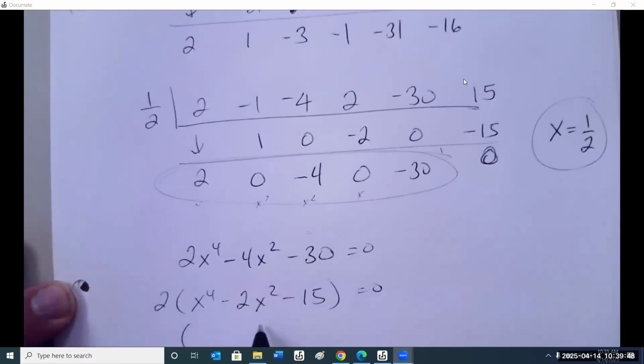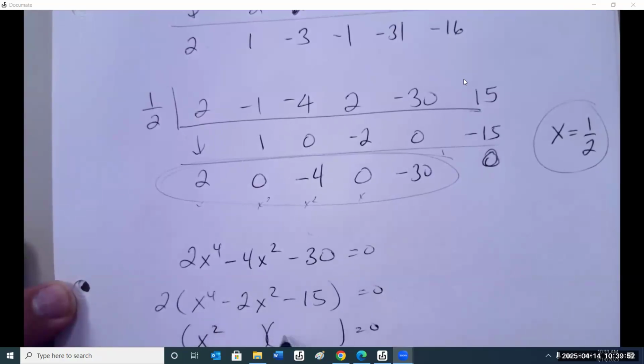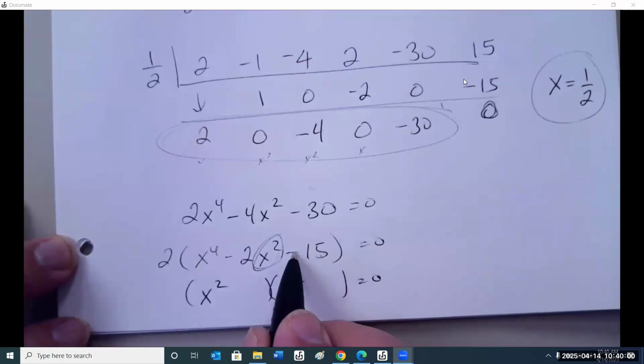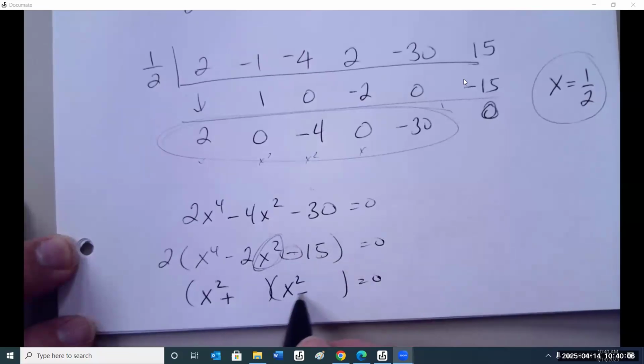So we can factor out, we're looking for x squared. So it's x squared. Remember, you're always solving for the middle term. What times what is 15? When you subtract them, you get 2? Oh, yeah, we have opposite signs. And 3 and 5. The bigger one has to be negative.